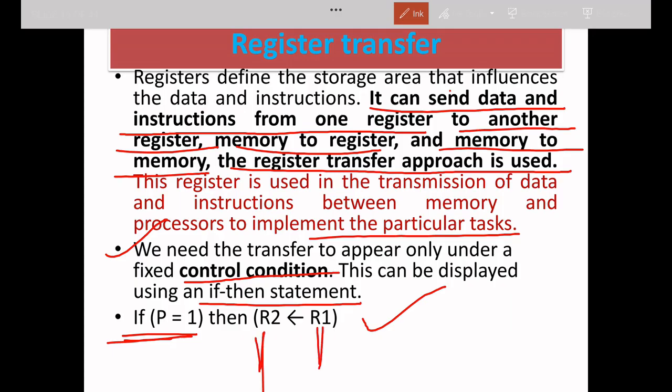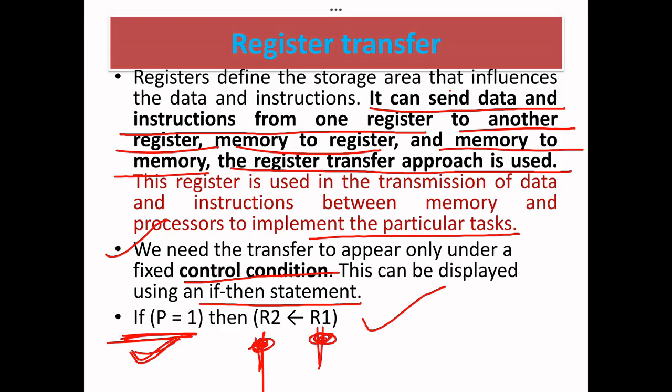So if you want to send data and instructions from one register to another, we use the control condition. If P is equal to 1, then transfer the data or instructions from R1 to R2. Later I will show in the next lectures how it works.